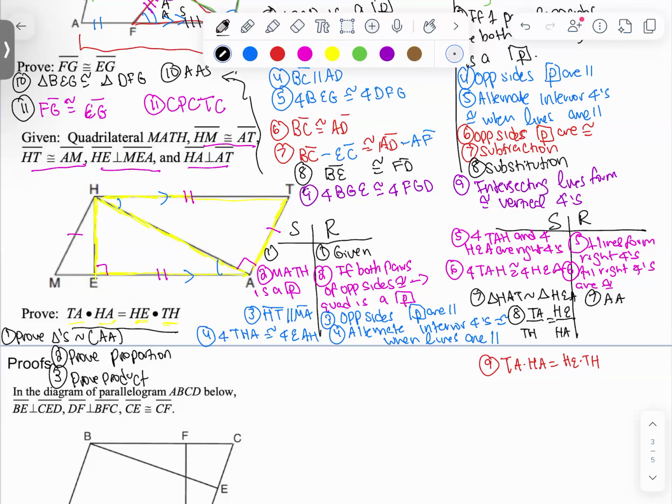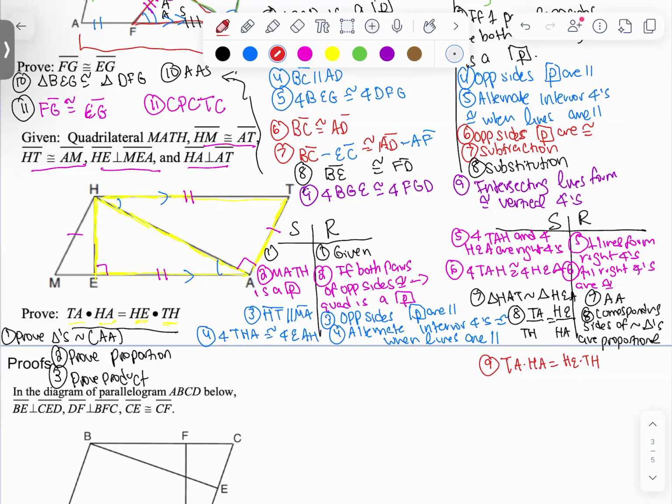When you're proving a proportion, it's the same reason every time. It comes from the similar triangles. Since we've proven that the triangles are similar, we know that corresponding sides of similar triangles are proportional. And then for the product, we get from the proportion to the product by cross multiplying, but you can't write cross multiplying on the Regents exam.